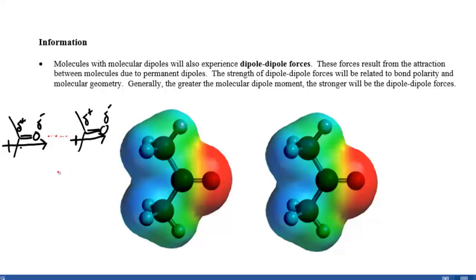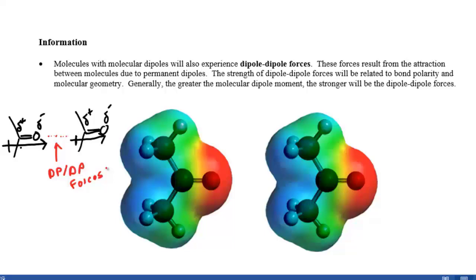Of course, these are only partial charges due to the unequal sharing of electrons in that very polar bond, but this allows for this molecule to have the polarity. And so what I've drawn by these dashed lines would be what I would consider to be representing dipole-dipole forces of attraction. This is the result of permanent dipoles.